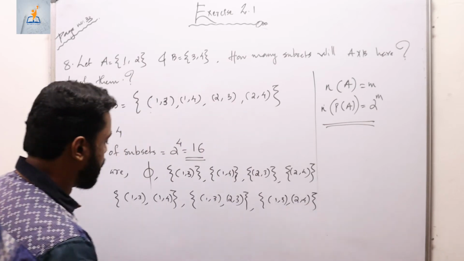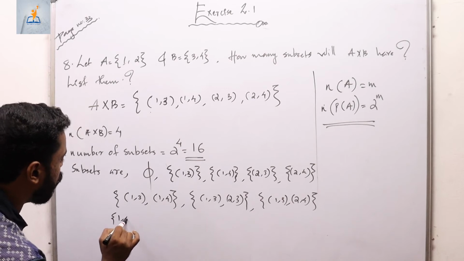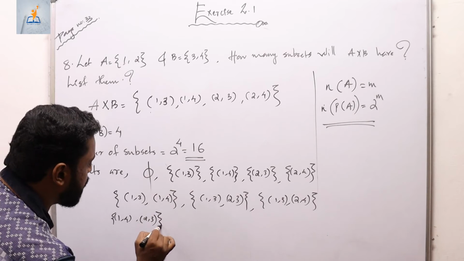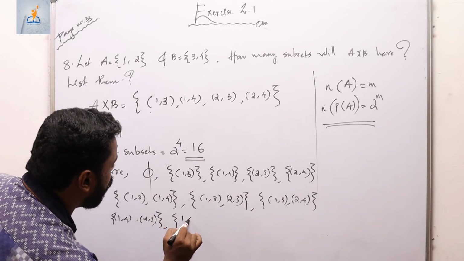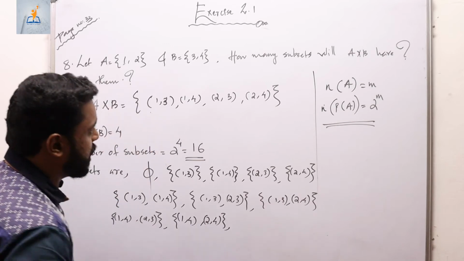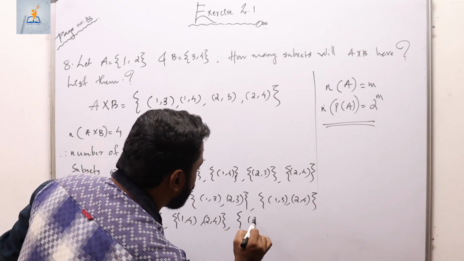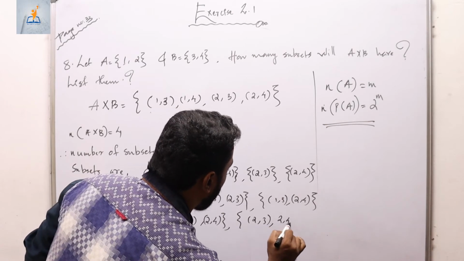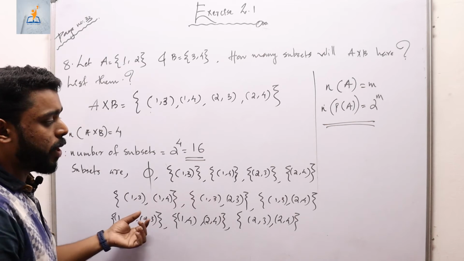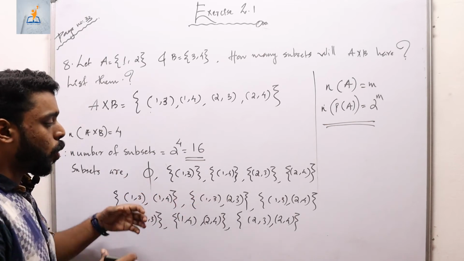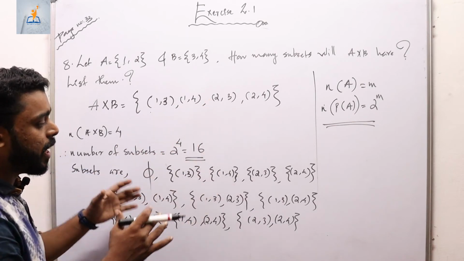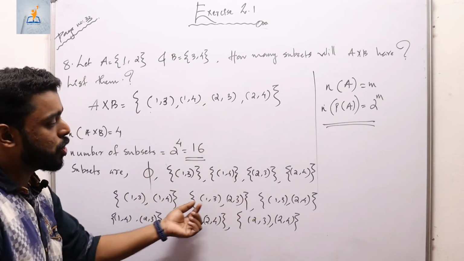Again, {(1,4), (2,3)}, {(1,4), (2,4)}, and again {(2,3), (2,4)} will be subsets of the original set. Now we have enumerated all the pairs from the elements of the set, so we can have the subsets like this containing 2 elements each.